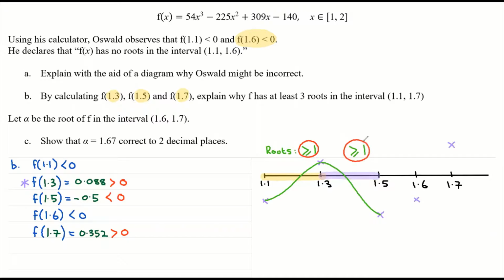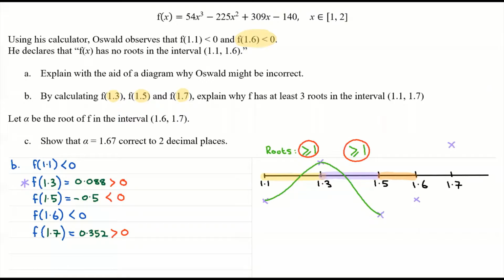Okay, so those two sub-intervals or partitions of the main interval, they both meet the theorem requirements. They both have continuity and they both change sign at the extreme values. So let's have a look at 1.5 to 1.6 next. So this next part, going from there to there, we don't have the change of sign.